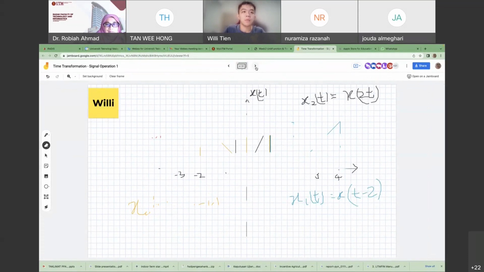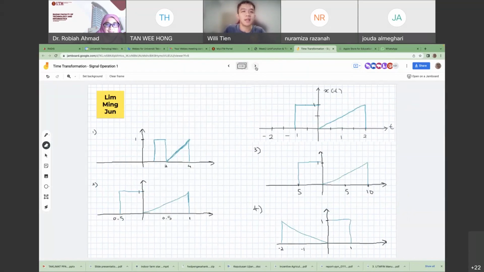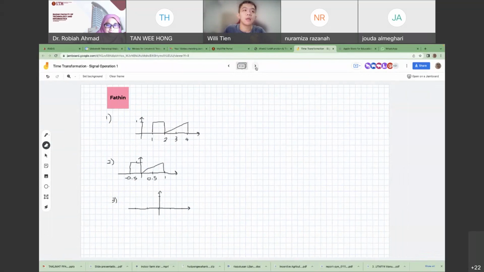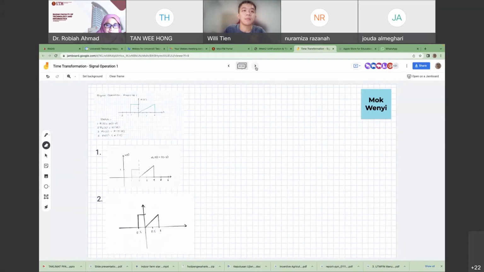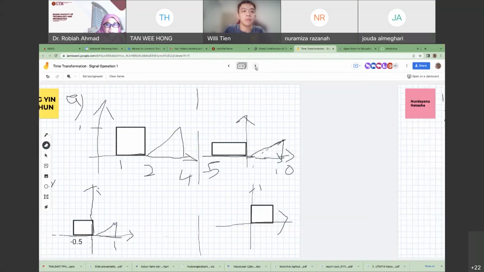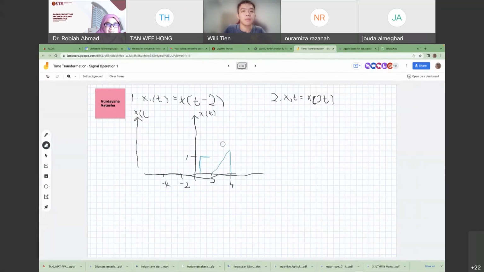Ni? Kenapa pilih padang? Patin. Okay. Ada dua lagi. Natasha, ni patang bukan empat segi tu. Then the value 1 sama ni.